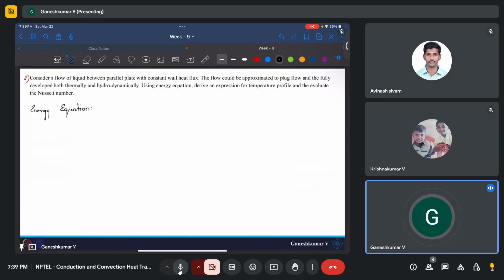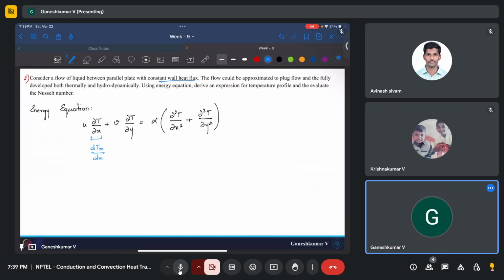Which is going to be u into dou T by dou x plus v dou T by dou y equal to alpha times dou square T by dou x square plus dou square T by dou y square. So here we know for constant wall heat flux, this is going to be simply dTm by dx, right?